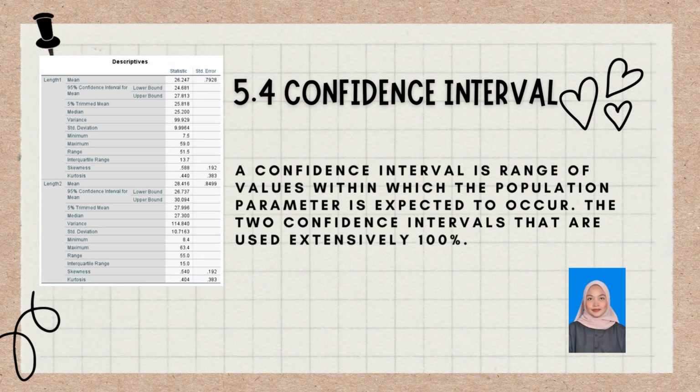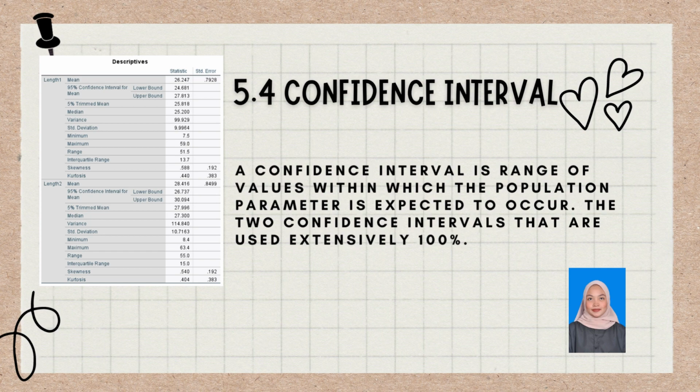5.4 Confidence interval. A confidence interval is a range of values within which the population parameter is expected to occur. The two confidence intervals that are used extensively are 95% and 99%. Based on the confidence interval table, the interval can be related to a 95% confidence level.